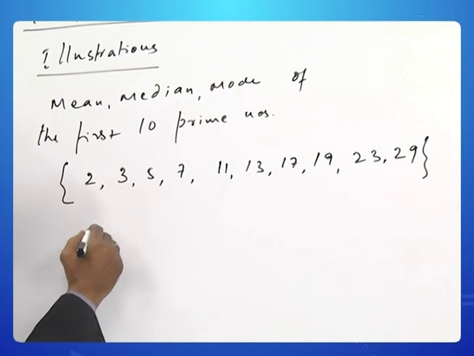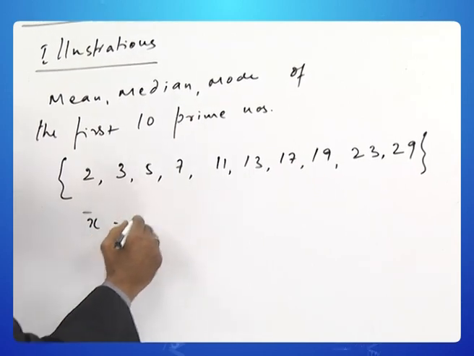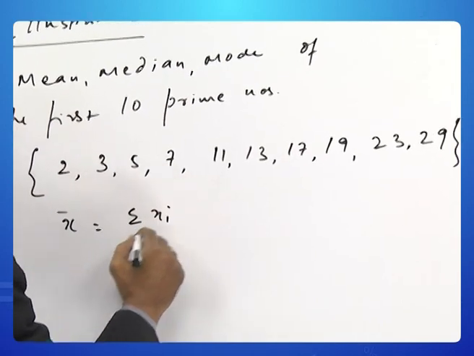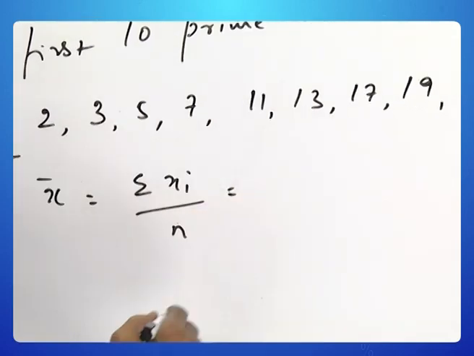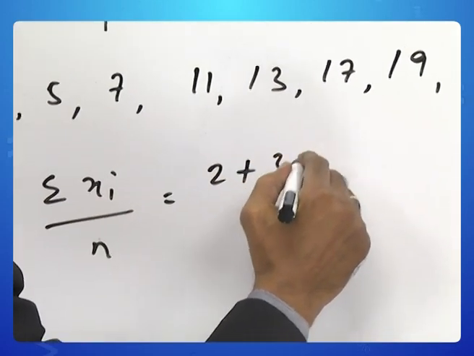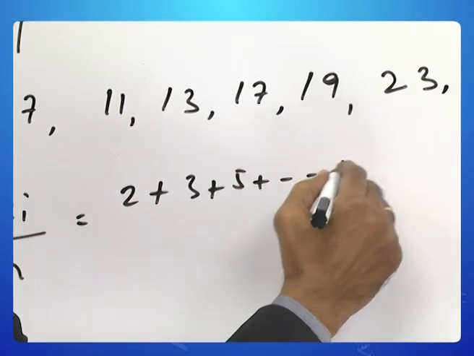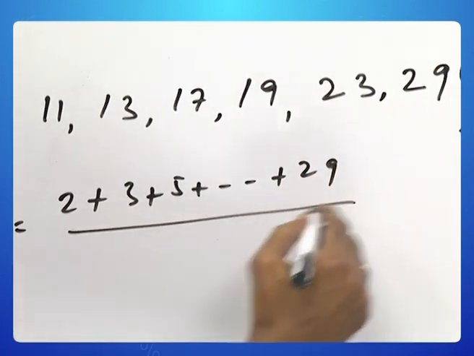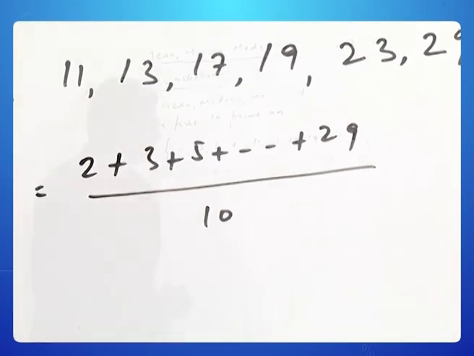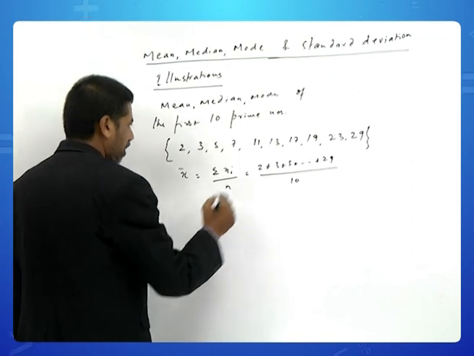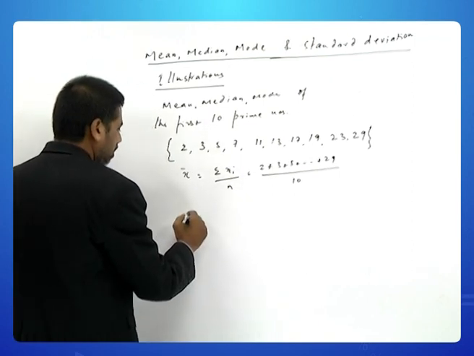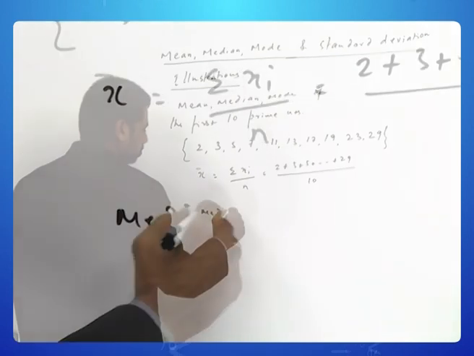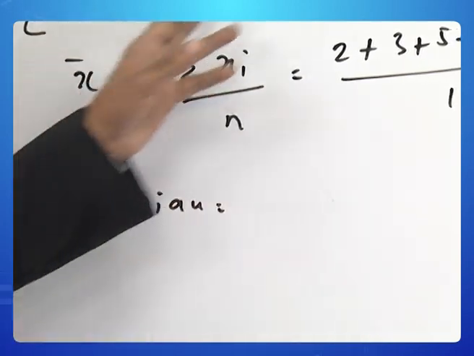So, let us calculate the mean. Mean is summation xi divided by n. In this case, it is 2 plus 3 plus 5 and so on plus 29 divided by 10. We will calculate that, and then median requires sorting of the data.